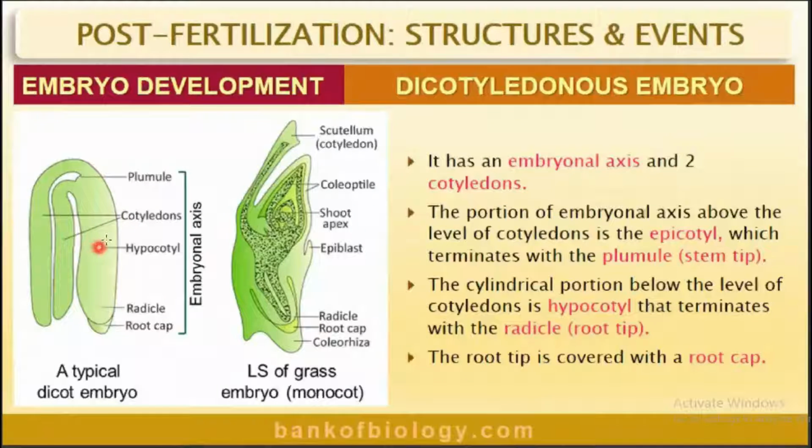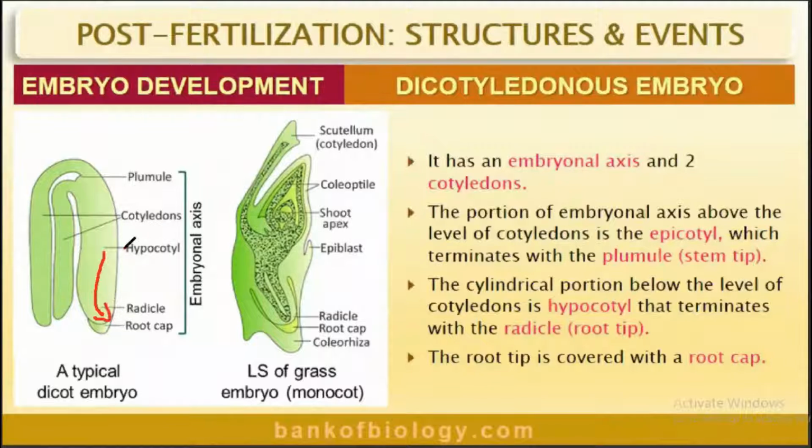Here you can see an epicotyl region and hypocotyl region. This region is known as hypocotyl region. What do you mean by hypocotyl region? The cylindrical portion of the embryonal axis below the level of the cotyledons. This hypocotyl gives rise to root tip or radicle.